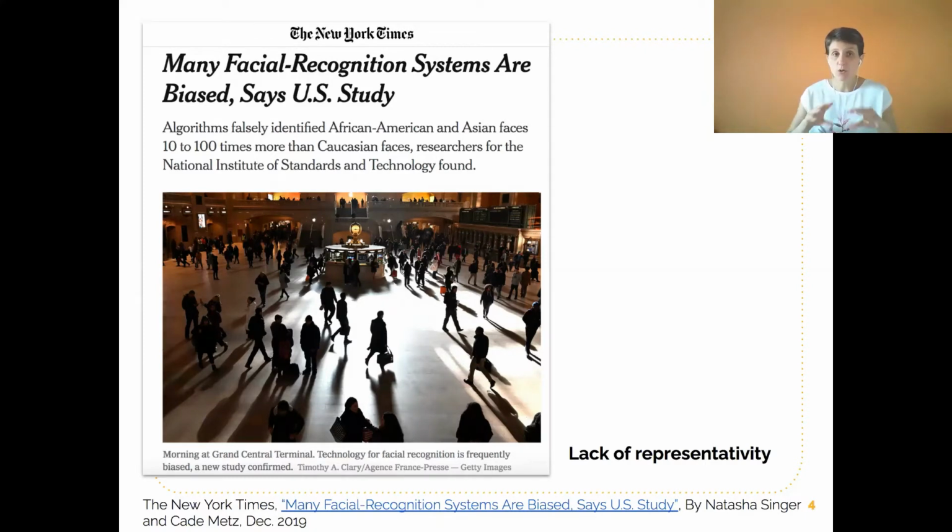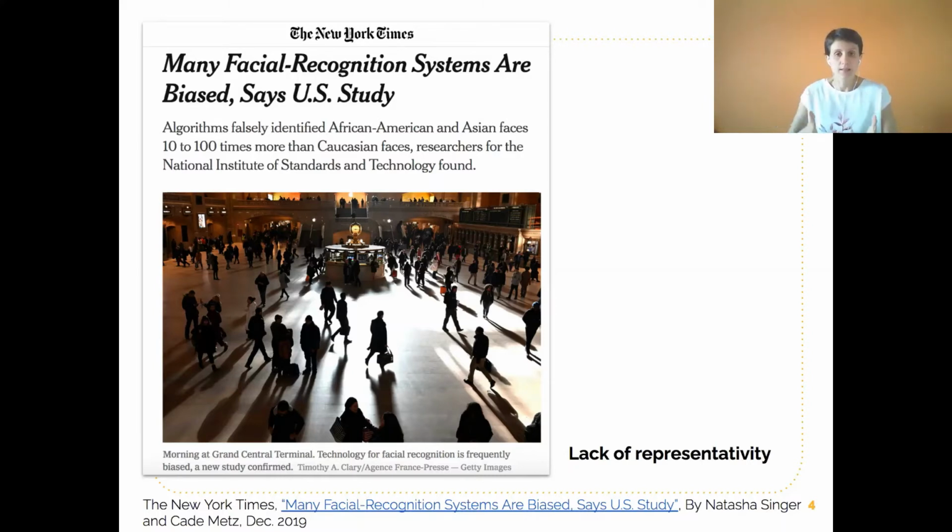Looking more closely into it, they found that the way these systems were trained, they used data sets in which white males were predominant. The model got really good at identifying people that look similar to the ones in the training set, mainly white males, but not so good at identifying women, for instance.